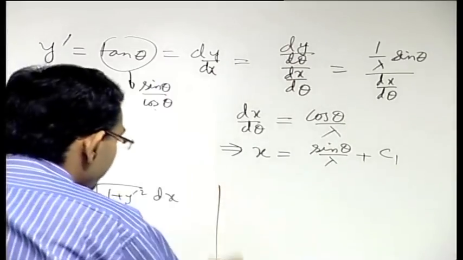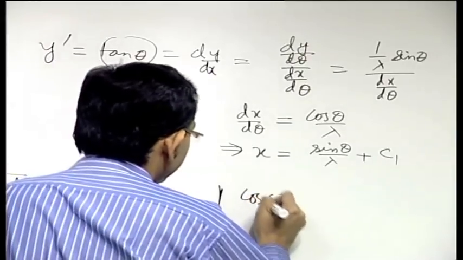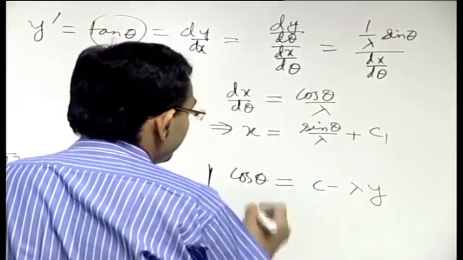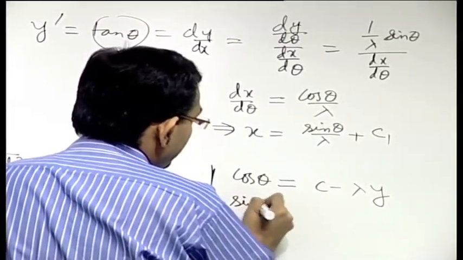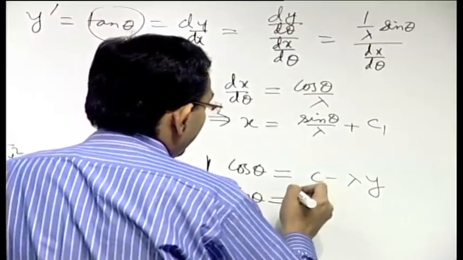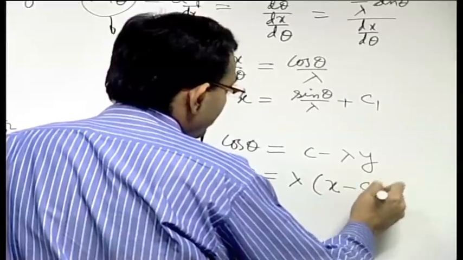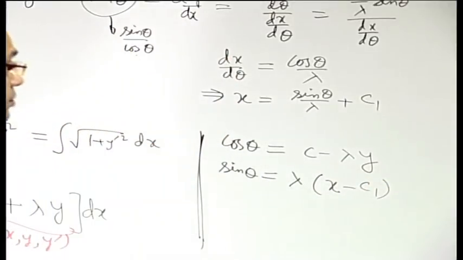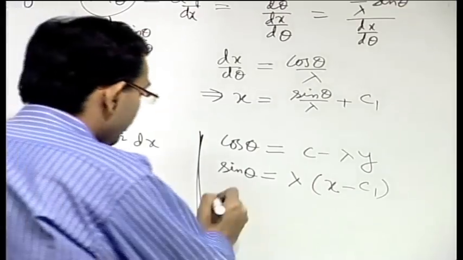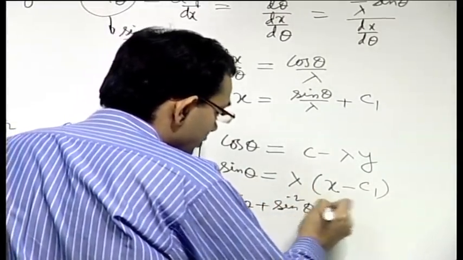Now let us see. So you have cos theta is equal to c minus lambda y, sin theta equal to lambda into x minus c1, right. You have cos square theta plus sin square theta equal to 1.